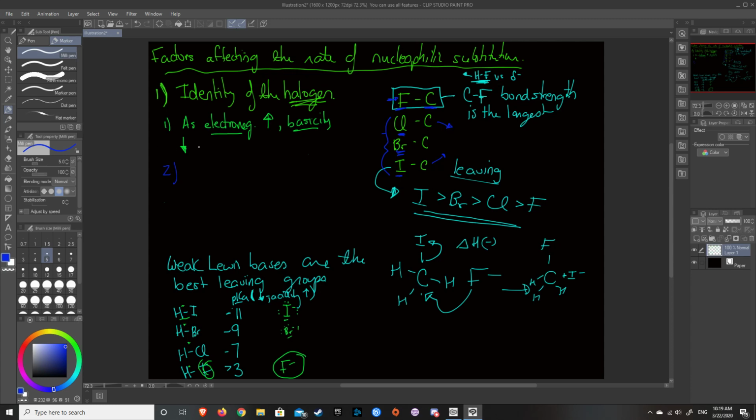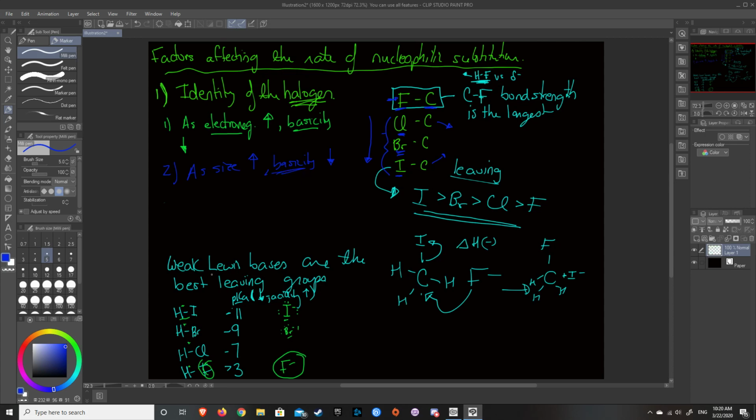The second rule we're going to cover is that as size increases, basicity decreases. As we go down this group, the size is increasing, so the ability to donate electrons is worse and worse.